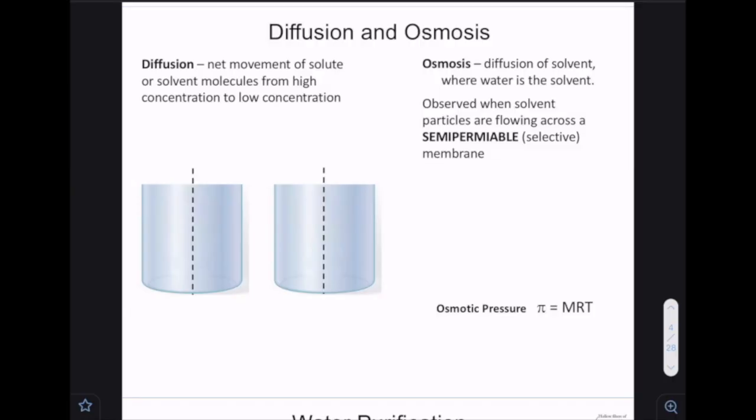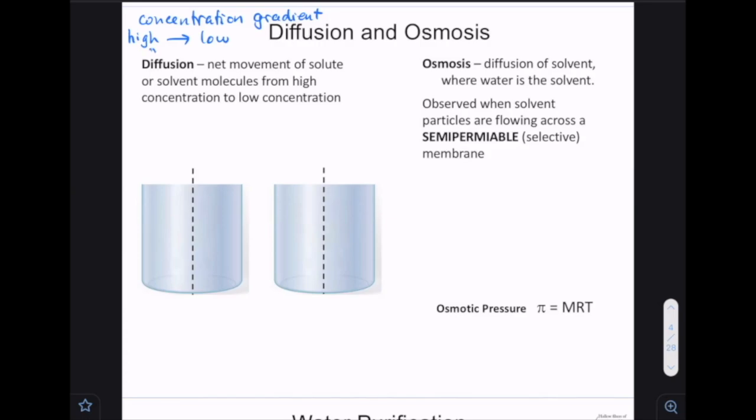So we can call this a concentration gradient. And in a concentration gradient, you don't want to, you just will. If you're in a high concentration and you're able to, you're going to go to a low concentration. Sometimes we call that something going down its concentration gradient, if you've ever heard that term.